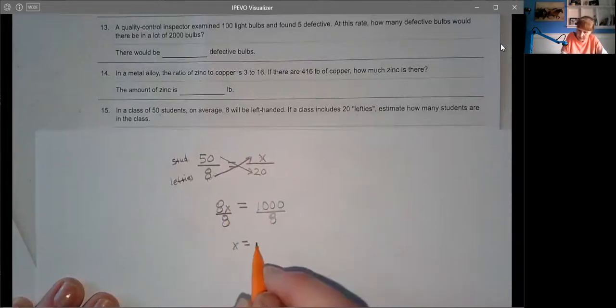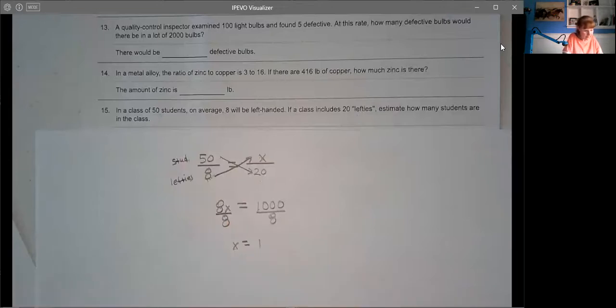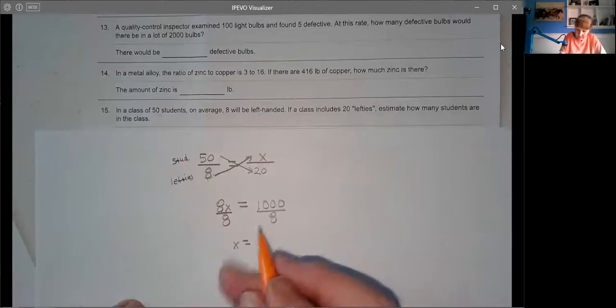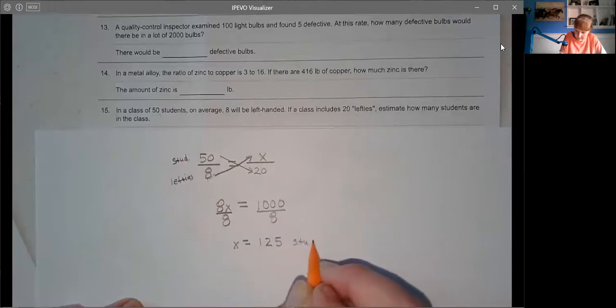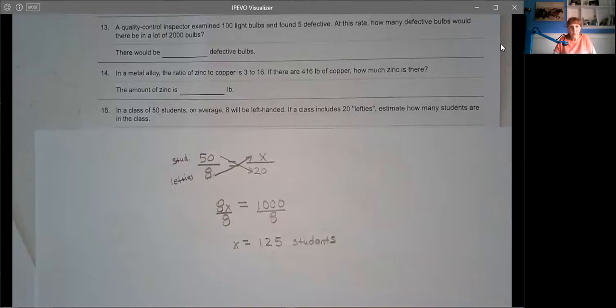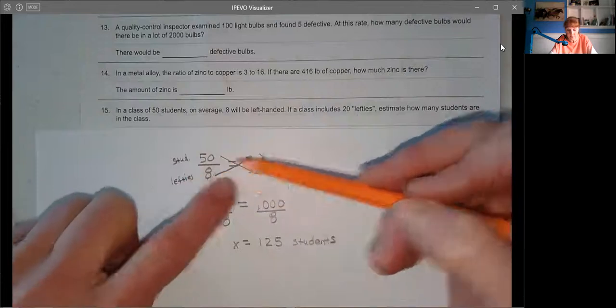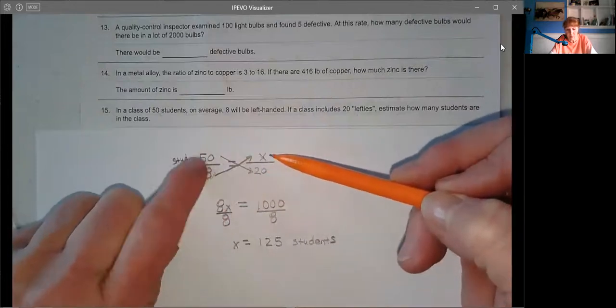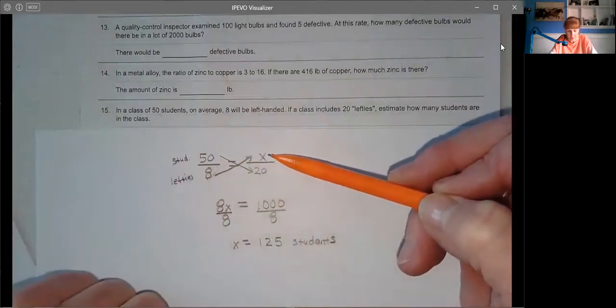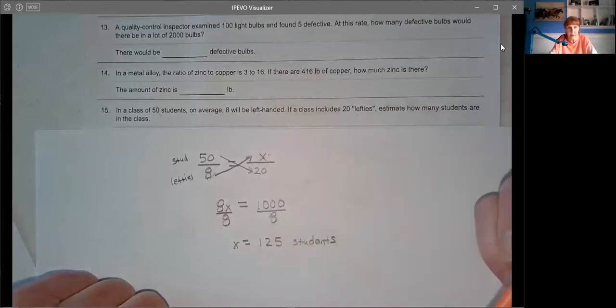X is equal to, I think it's 125, but I want to make sure. Divided by 8, 125 is right. So you would expect 125 students. So if we have 8 lefties with 50 students, we know that if we have 20, it's going to be more than 50. And sure enough, it's 125.